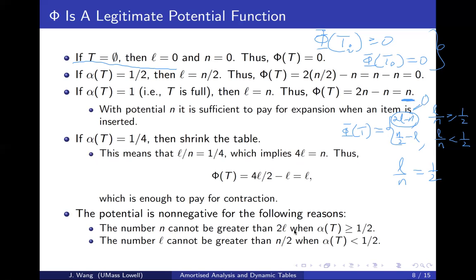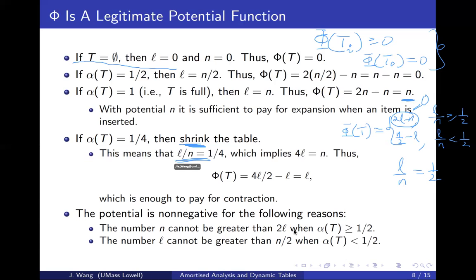And if alpha of T is equal to 1/4, we know that we're going to shrink the table. So when shrinking happens, we know that L over n, this load factor, is 1/2.